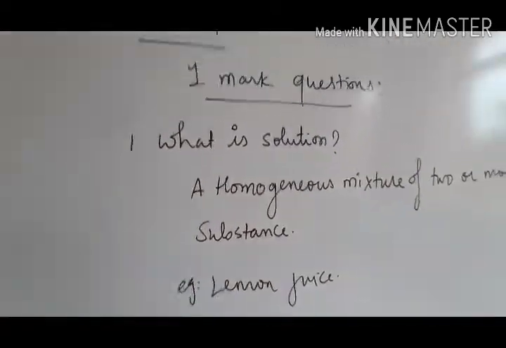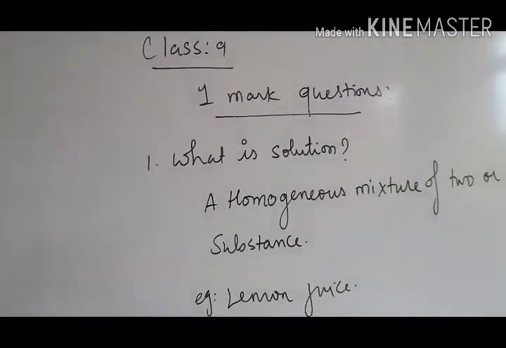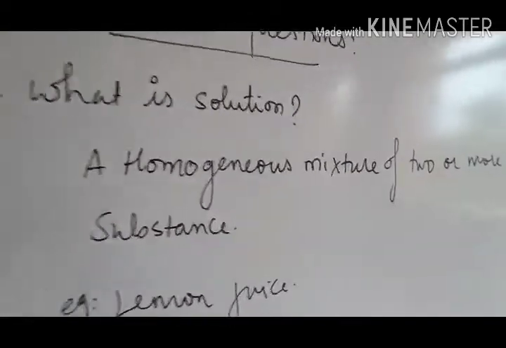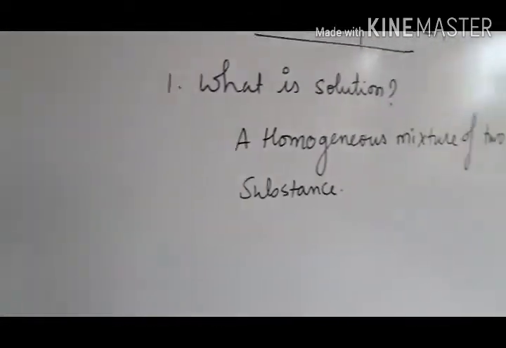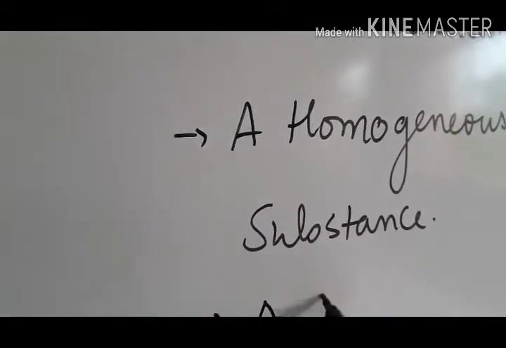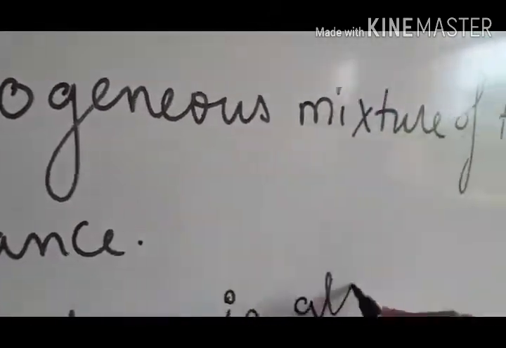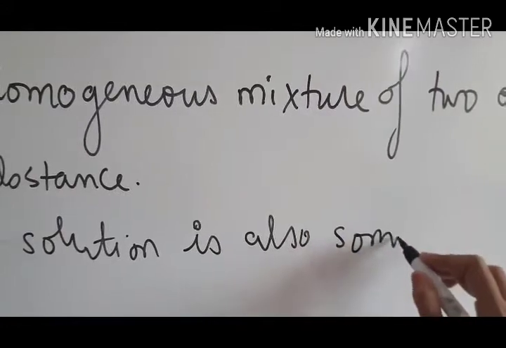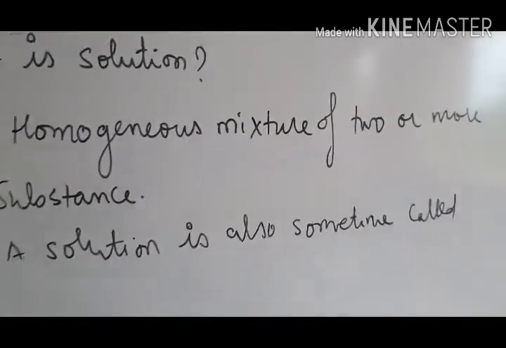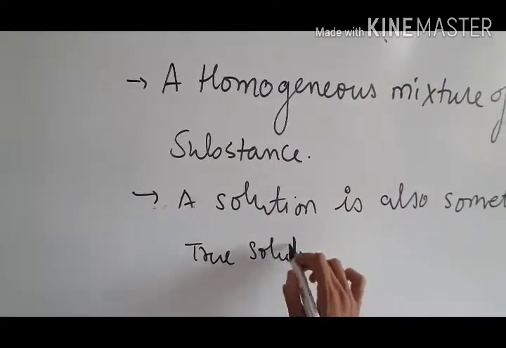Now if this question is asked in 2 marks, how are we going to write it? Along with the homogeneous mixture of two or more substances, you can write another point. A solution is also sometimes called a true solution.